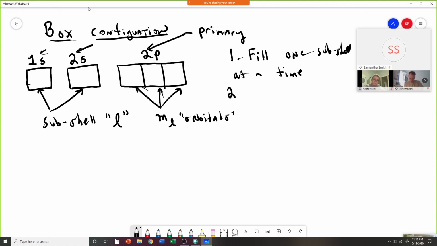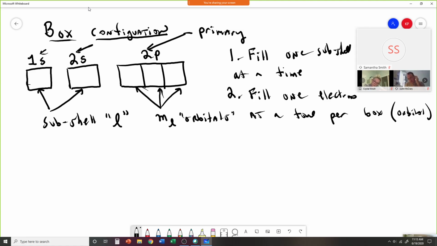And then two, we're going to fill one electron at a time per box, per orbital.